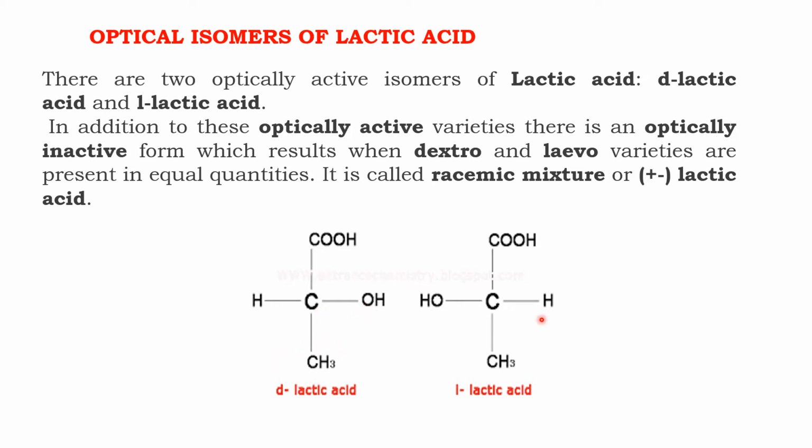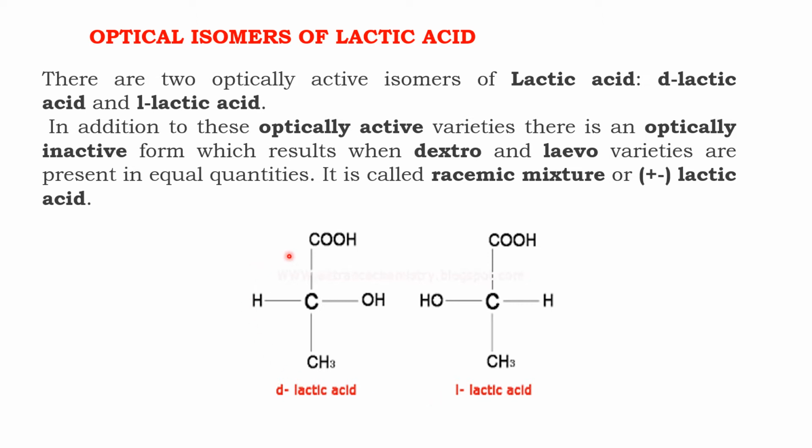And these are related as non-superimposable object and mirror image. There is only one asymmetric carbon atom, so 2 raised to 1, 2 optical isomers are possible. One is D-lactic acid and another is L-lactic acid.